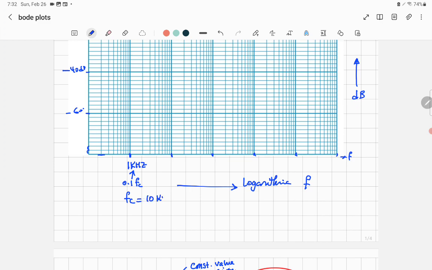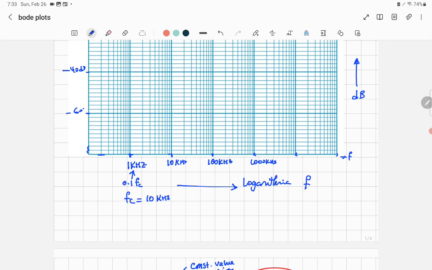Then you multiply by 10. We agree that each division is 1 decade. So if you multiply 1 kilohertz by 10, you get 10 kilohertz, and then 100 kilohertz, 1000 kilohertz, and so on. You can continue.